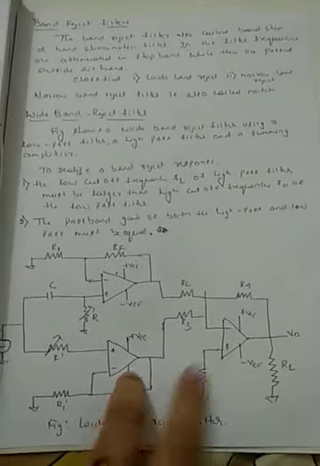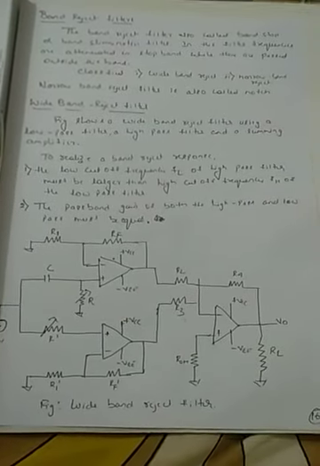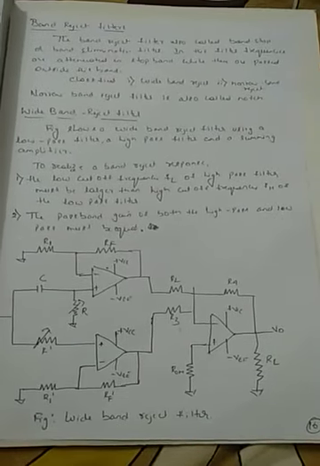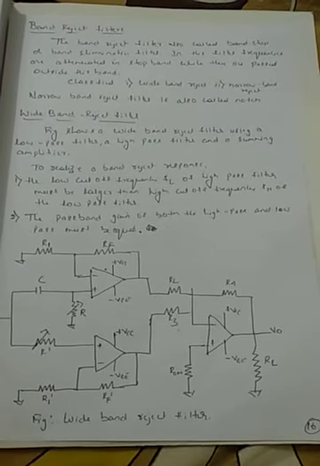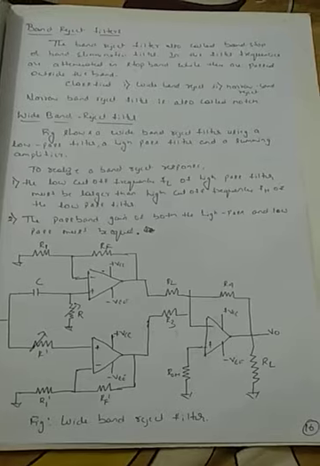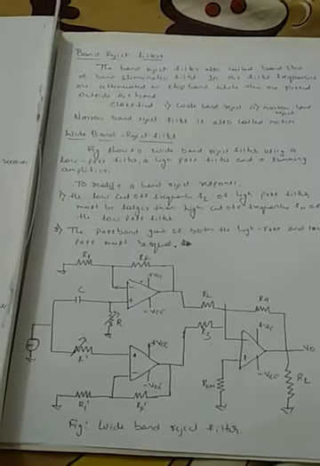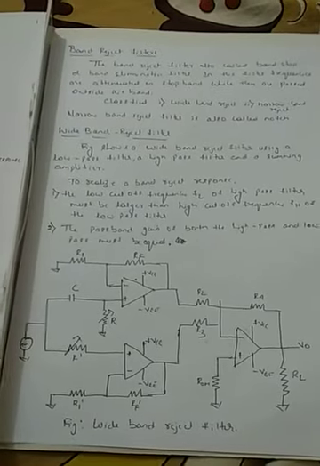This is the circuit of a wide band reject filter, that is, it can reject a large band of frequencies. That is why it is made up of a low pass filter, a high pass filter and a summing amplifier.